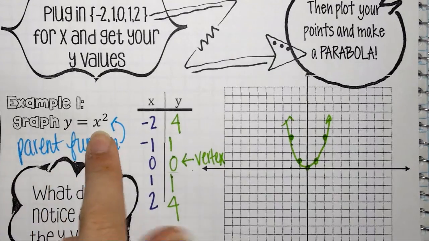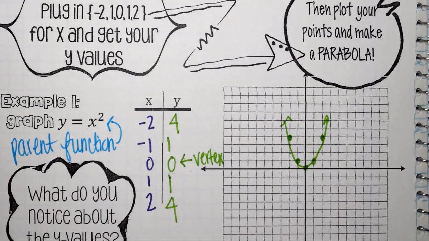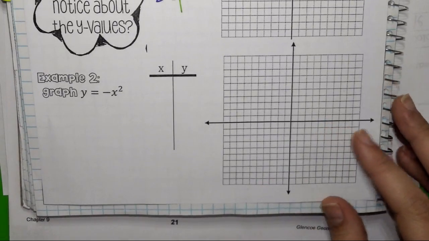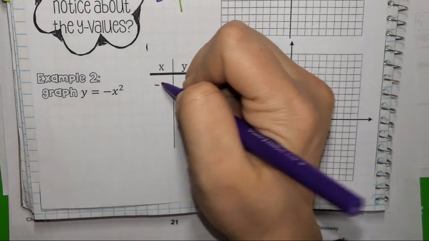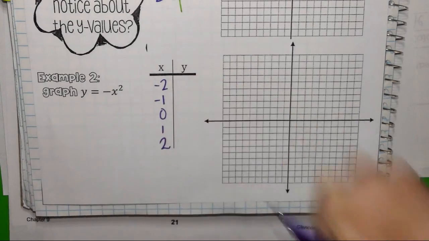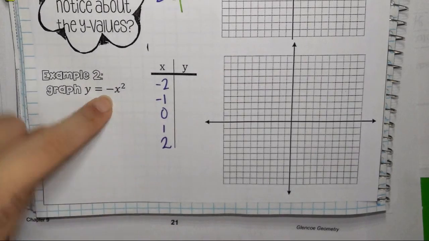Alright, so this was y equals x squared, and our x squared was positive, and it opened up. Example 2 is y equals negative x squared. So we're still going to plug in the same values. But what is going to happen to our output?